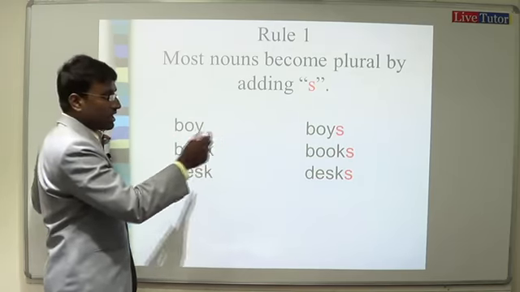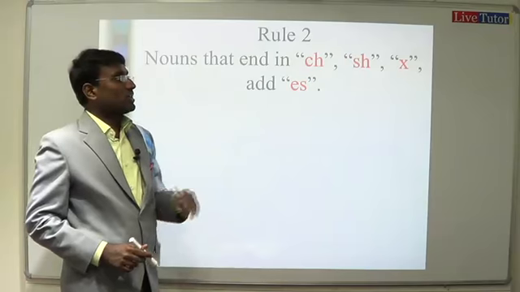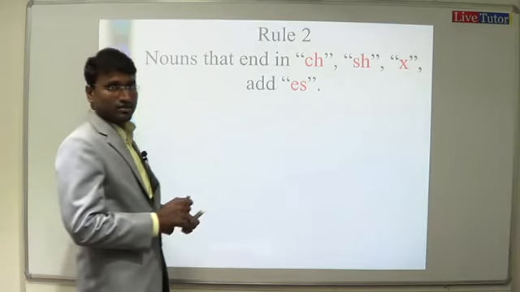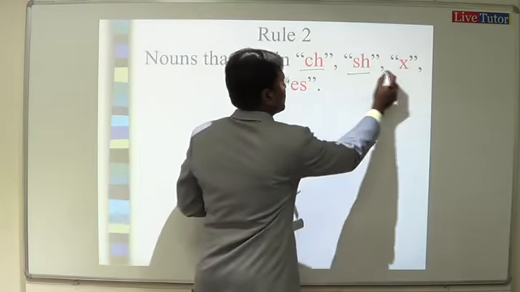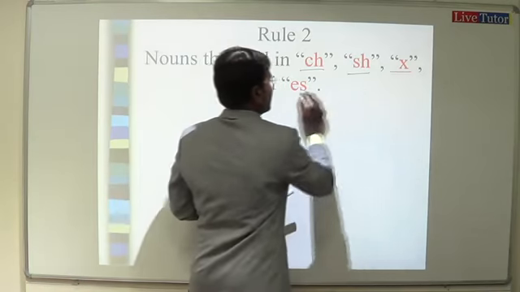Next rule is nouns that end in ch, sh, x, and s add es. How do these words change? Bush, for example, ends with sh. Therefore, we are adding es. Bushes.